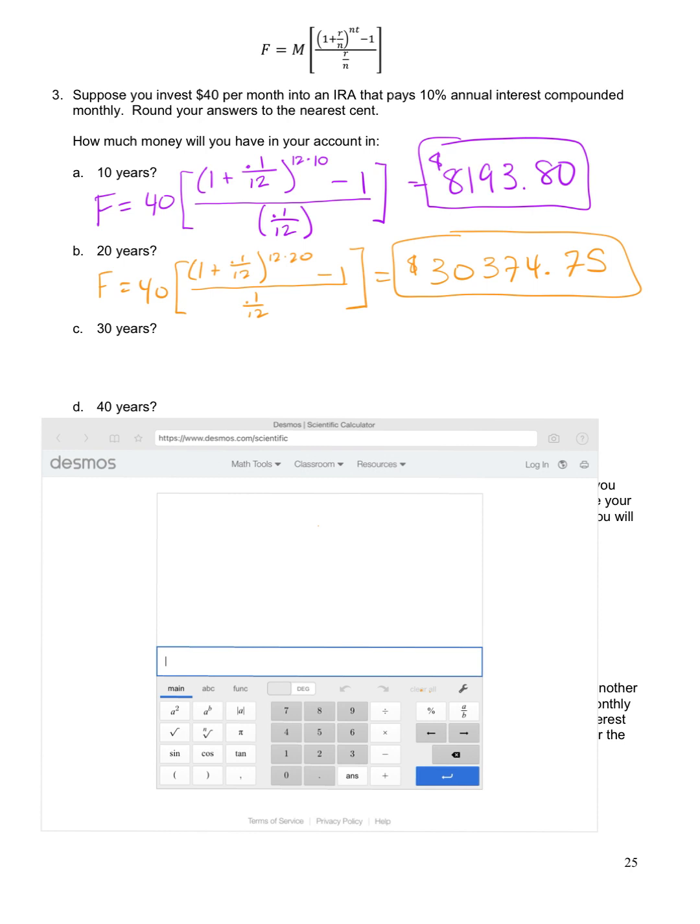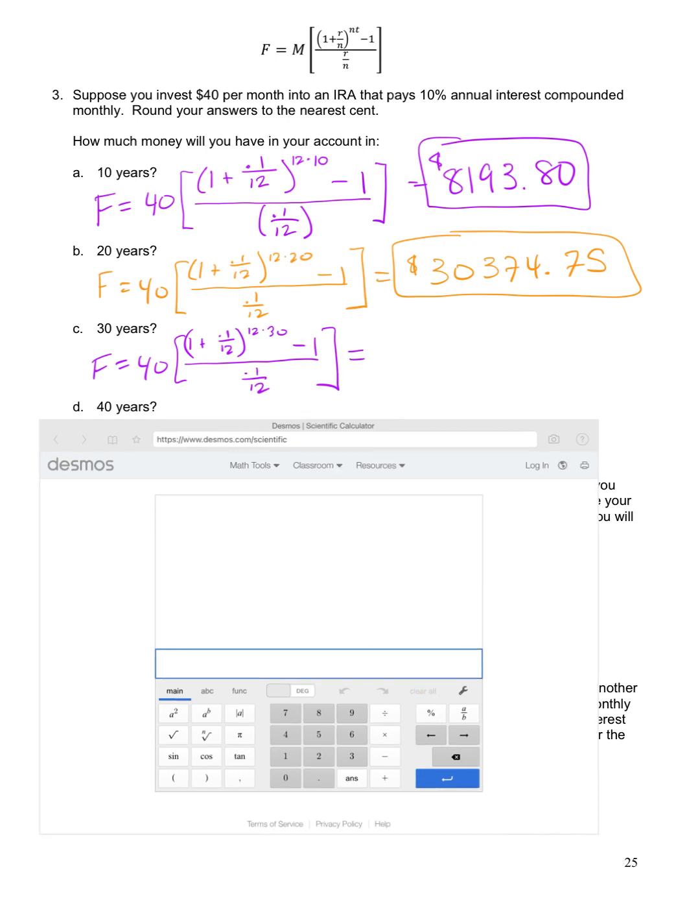Okay, I'm just going to repeat this calculation again, but with a 30 instead of a 20. So F is 40 times 1 plus 0.1 over 12 raised to the 12 times 30, minus 1, all over 0.1 over 12, and we'll have the calculator do it. Okay, so we start with 0.1 divided by 12 again. Enter. Take that answer and add 1.